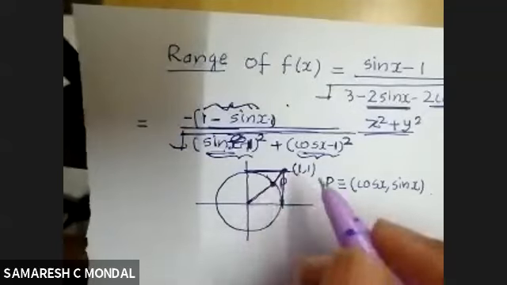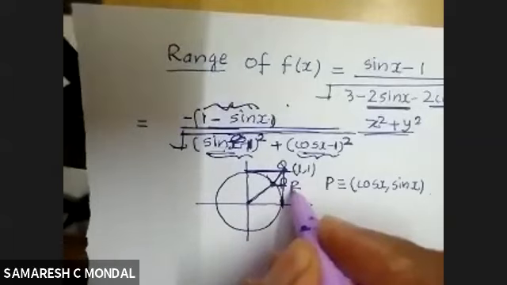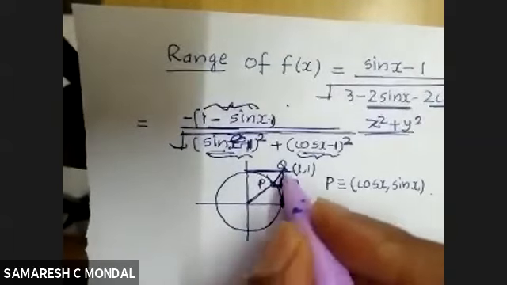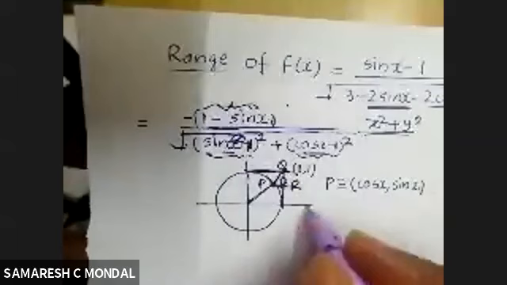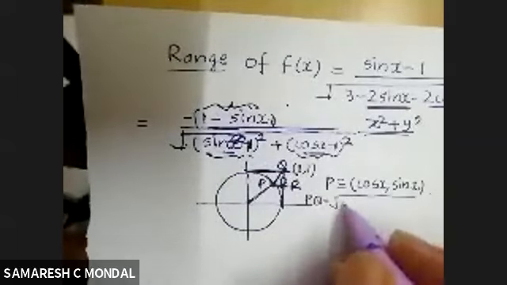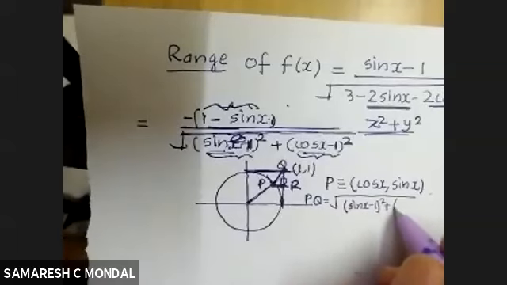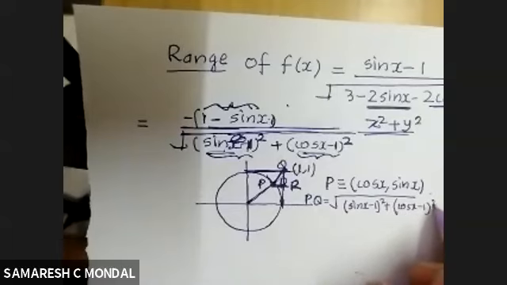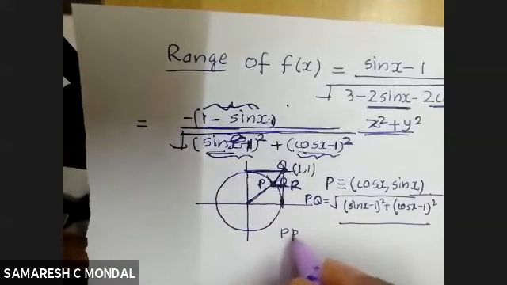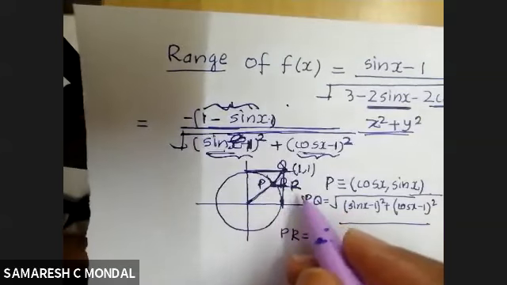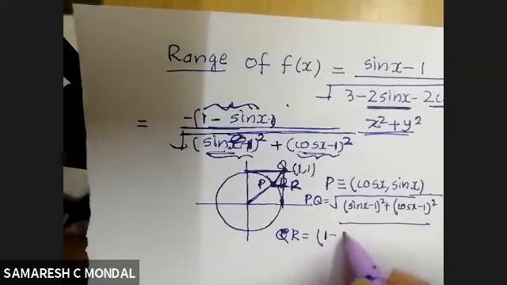So this point P, and say this is Q, and if I drop a perpendicular, this is R. This point is P, this is R, and this is Q. So PQ is nothing but root of (sin x minus 1) the whole square plus (cos x minus 1) the whole square. And PR, I prefer to write QR, not PR. That is nothing but 1 minus sin x.